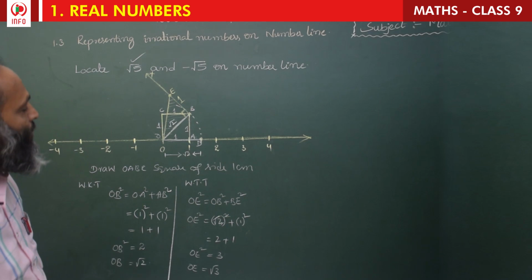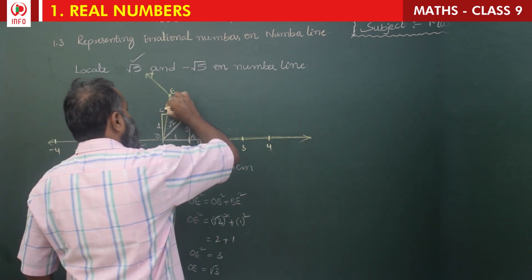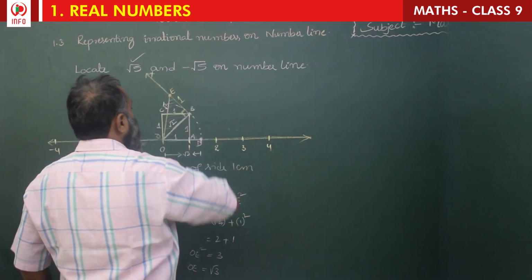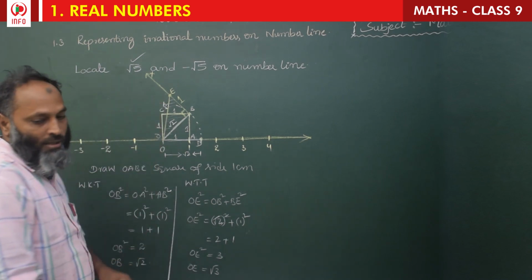So what is the length of OE? OE is equal to root 3. O to E distance is root 3.